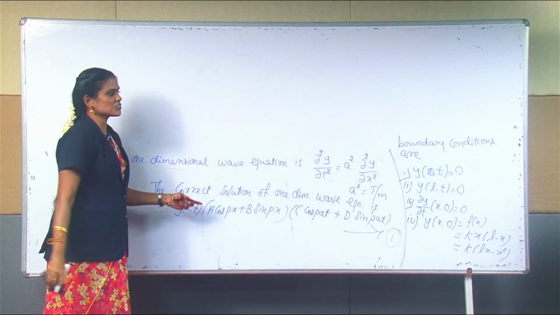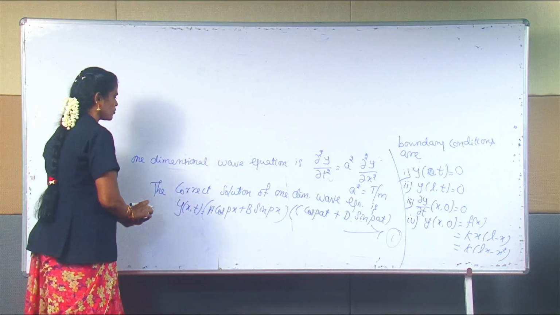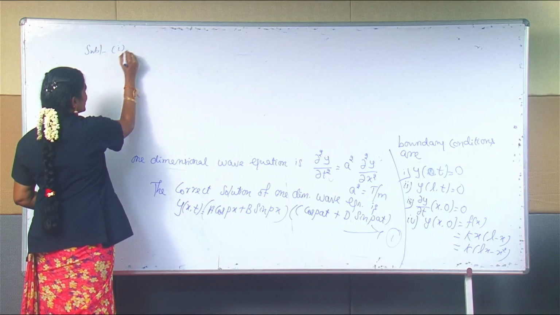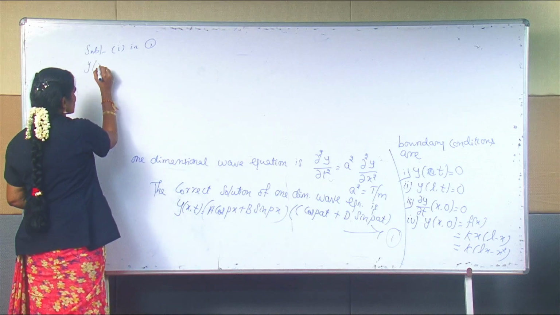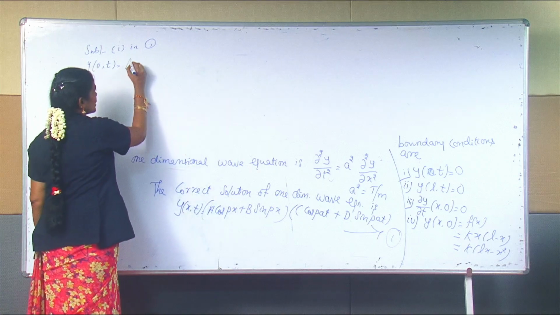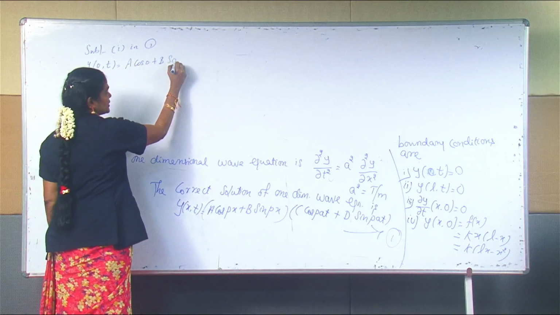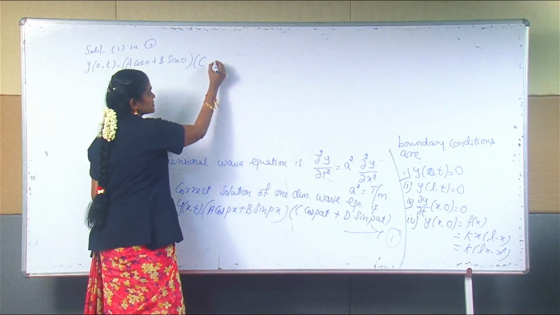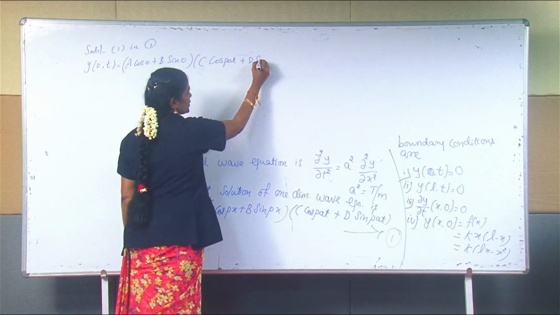The first boundary condition is y of 0 comma t equal to 0. In the place of x you have to substitute 0. So, if you substitute the first boundary condition in equation 1, with x as 0, you will get (a into cos 0 plus b into sin 0) into the t term as it is, that is (c cos pat plus d sin pat).